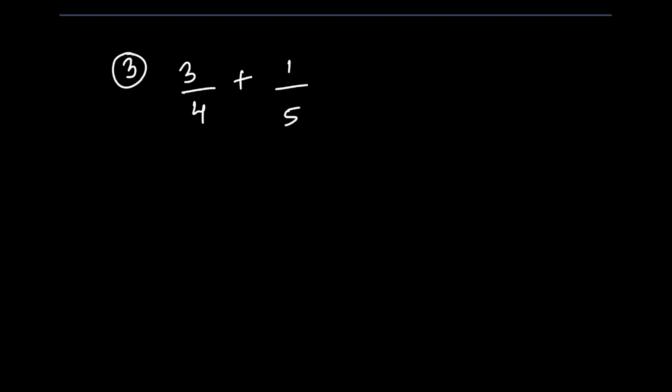Let's do another example, like 3 divided by 4 plus 1 divided by 5. In this case again we can use the multiplication approach. 5 times 3 is 15, and 4 times 1 is 4.